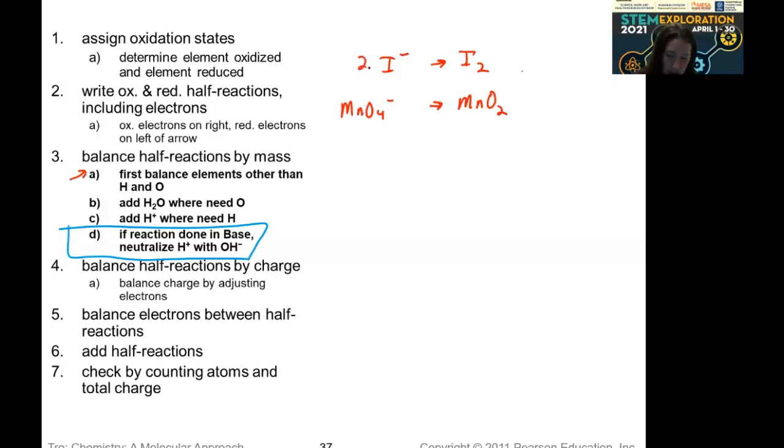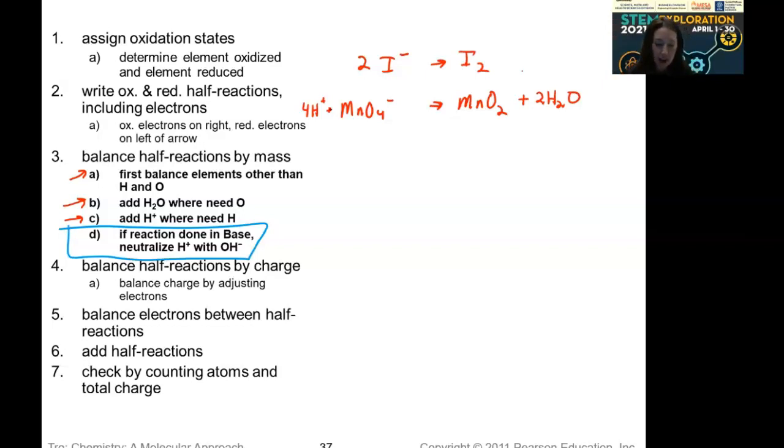Balance all but H and O's. Did that one. Here we are, add water for O's. Add H's to balance H's. So you can see this right now is exactly the same, and I am so going to run out of room. Okay, so now here's where the new step is.